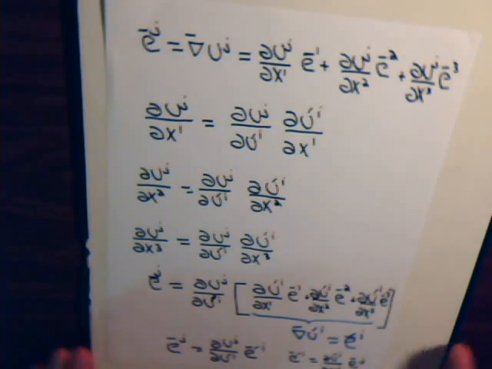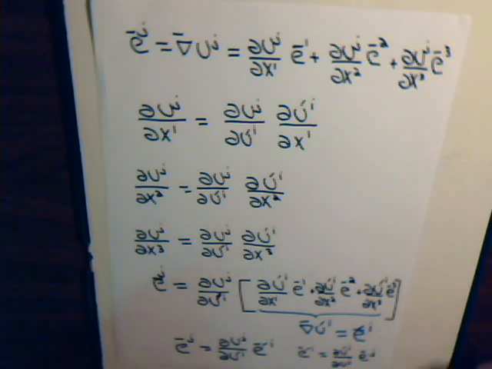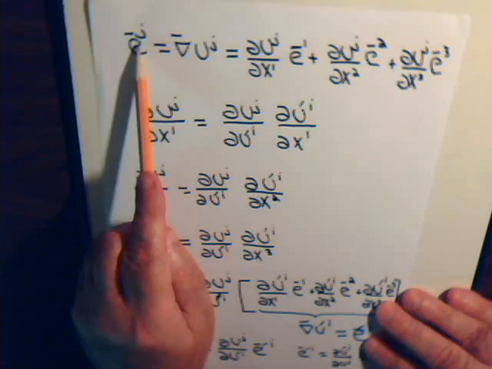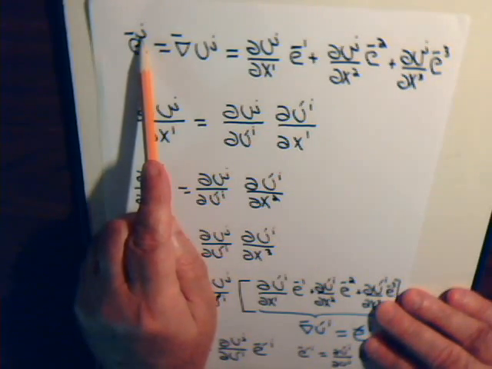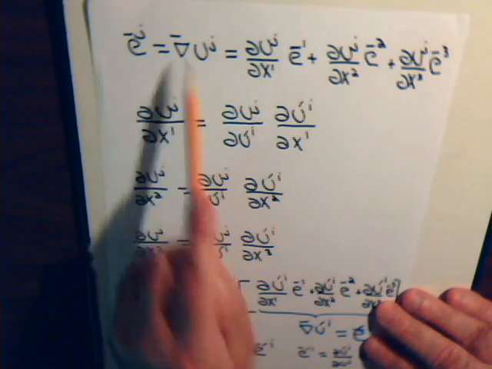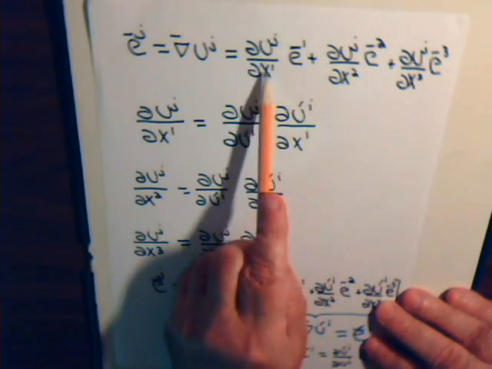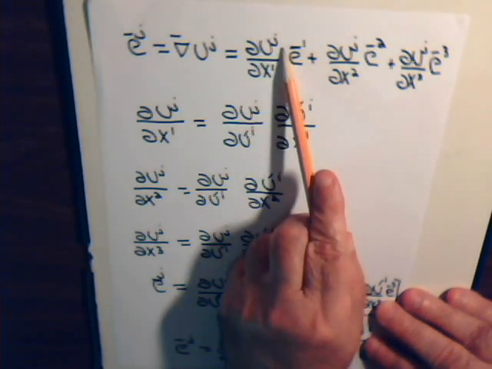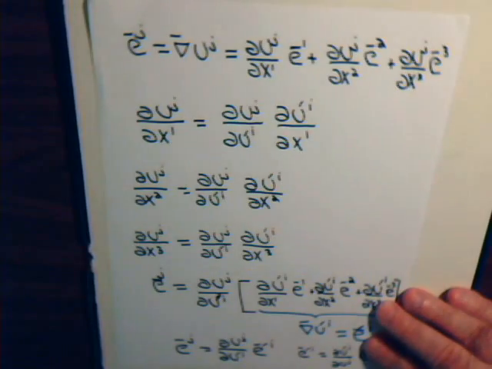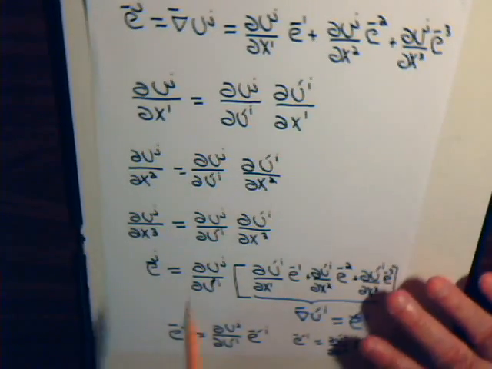Okay, hopefully this is in focus now. All right. Here then is the definition for E^j with a superscript. We said it's the gradient of some curvilinear coordinate, which we wrote like this. So here the partial of uj with respect to x1, then with respect to x2, and then with respect to x3. Well, we can use the chain rule.